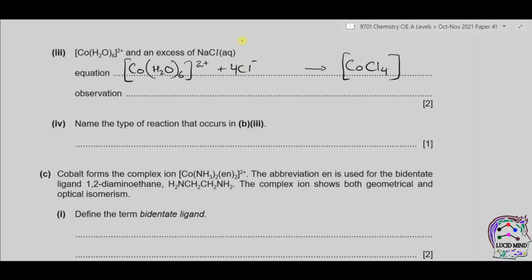Now for 4 chloride the charge is negative 4 while the charge here was 2 plus, so now the net charge will be negative 2, plus 6 water molecules that are replaced by chlorine ligands. The observation is that this one will be blue and it is soluble, so therefore it will be blue solution.